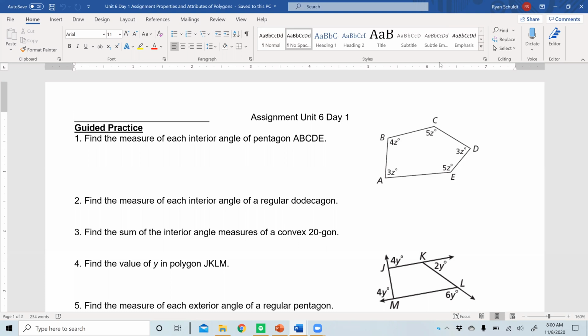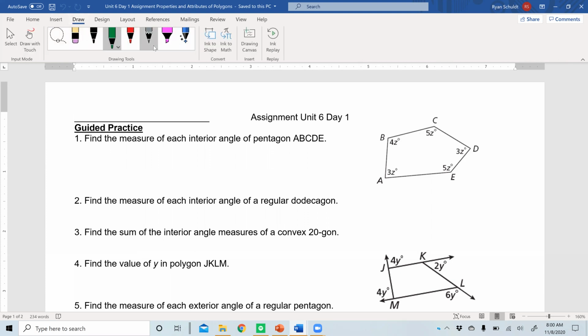What do we know all the angles have to add to in a pentagon? 540. We found that in the notes. We add up all these, they have to give us 540 degrees in total.